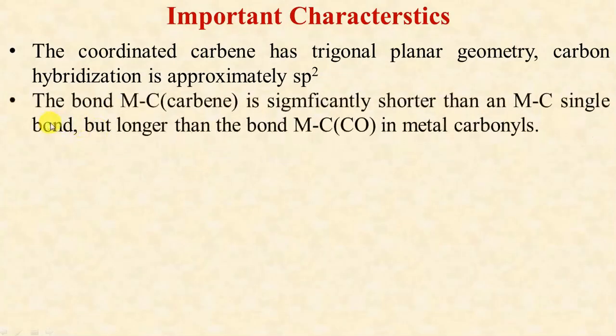So this is the second point. The metal carbene bond is significantly shorter than a metal carbon single bond. Why is it shorter? Because of the donation of electrons from filled d orbitals of the metal to carbon. But this bond is longer than the metal carbon bond in case of carbonyls.